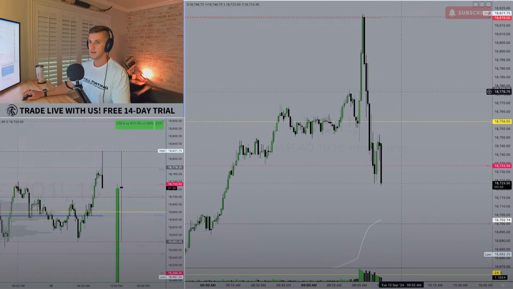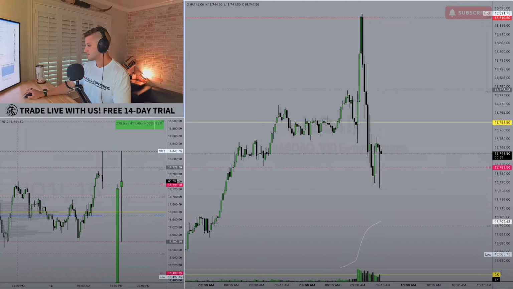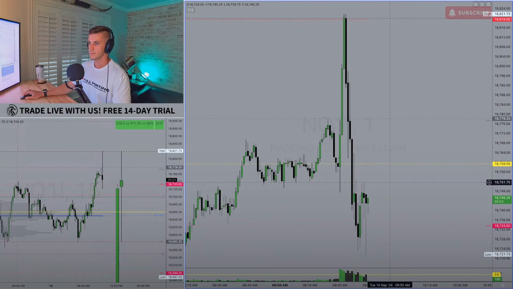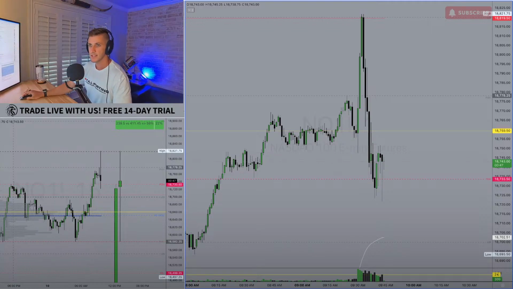That'll be the gap fill trade. 15-minute bar closes in less than a minute here.